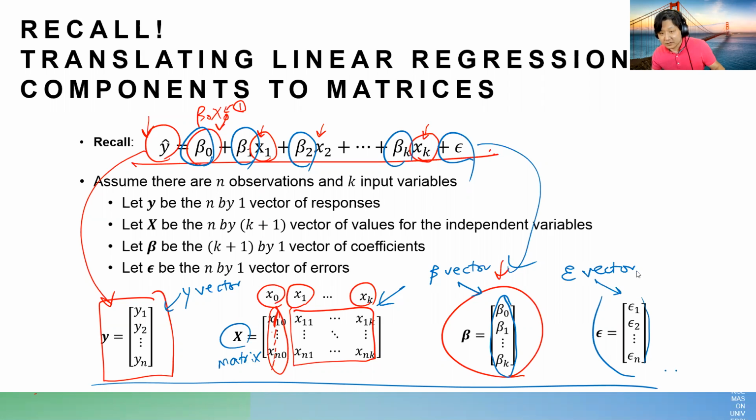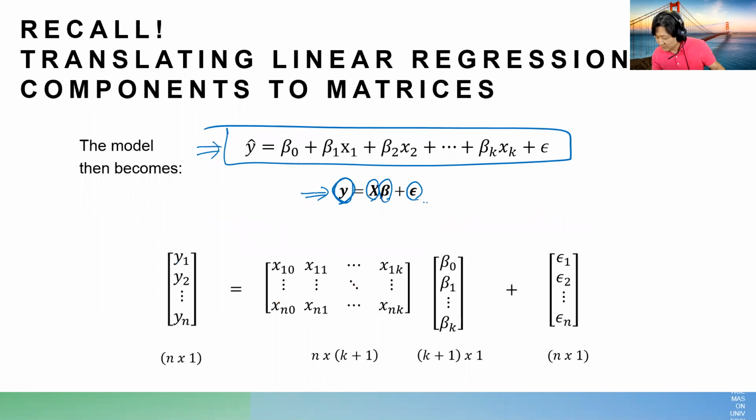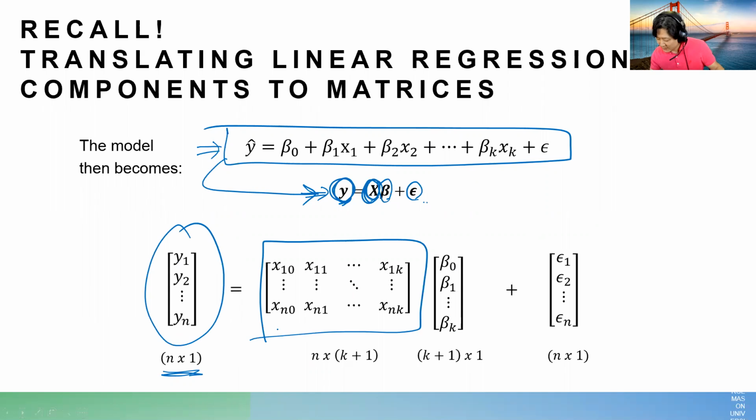The Y vector is n times 1, equal to the X matrix, where the first column is the intercept, which should be 1, and then we have all the different data, and then the beta vector, and the error.